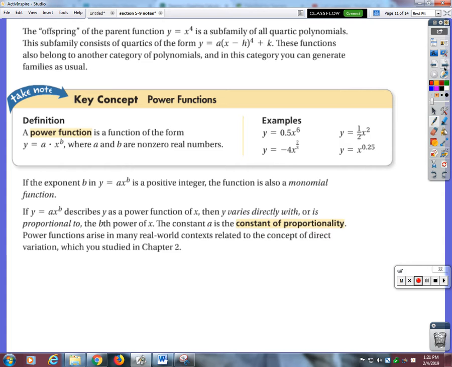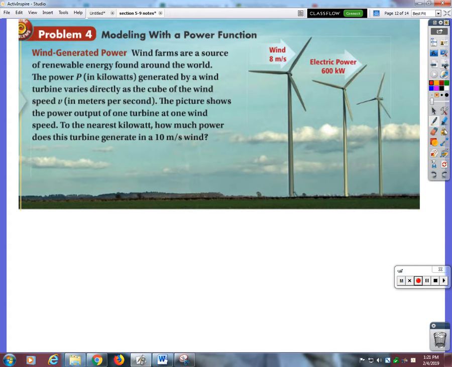All right, so last thing, let's finish with a little word problem. Let's say at this particular wind farm, the power generated by the wind varies directly as the cube of the speed.